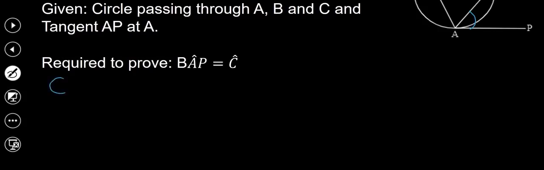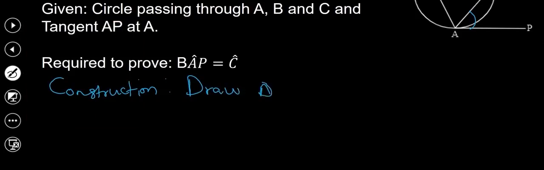Firstly, we're going to start with what we call construction. Remember what I said about a formal proof with the first few lessons that we had. With our construction, you're then going to say, draw a diameter AD, right?